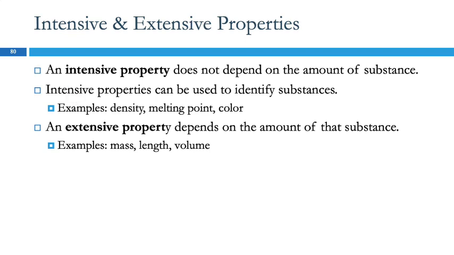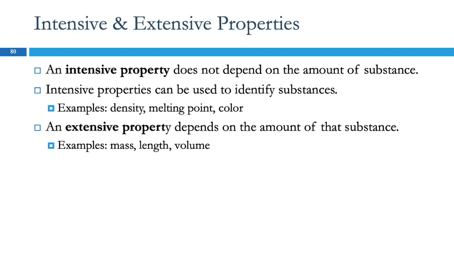An intensive property is going to be something like the density or the melting point. The density of water is 1 gram per milliliter. If you have more water, the mass is bigger and the volume is bigger and the ratio is still the same. Intensive properties can be used to identify substances because it doesn't matter how much you have.